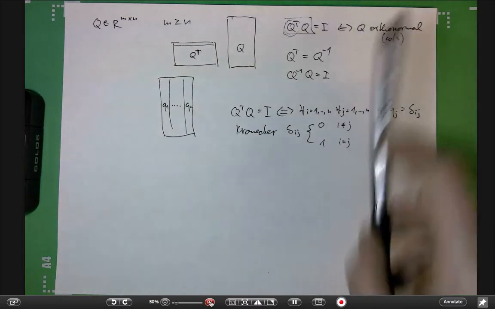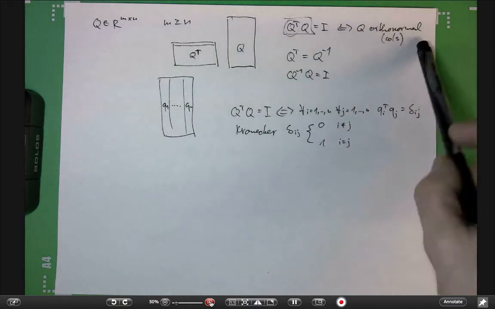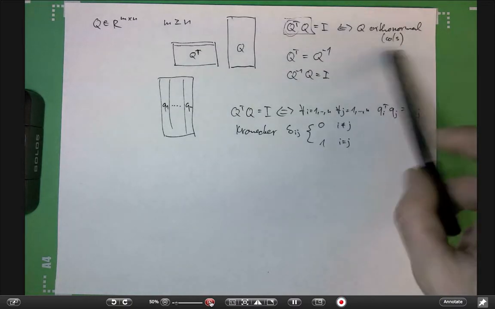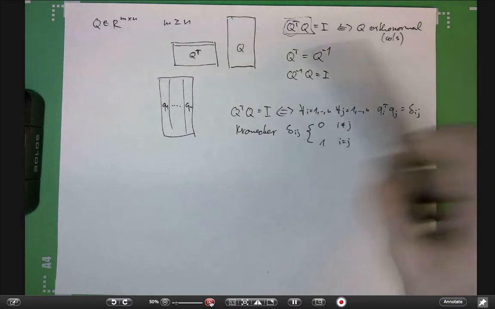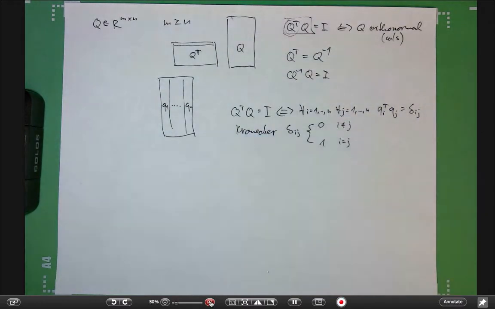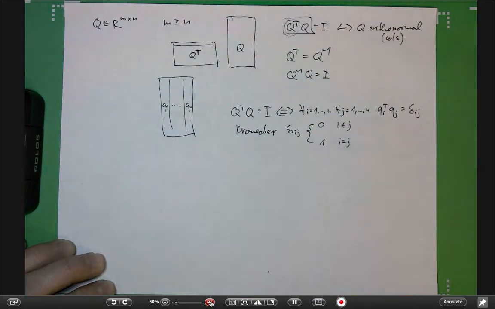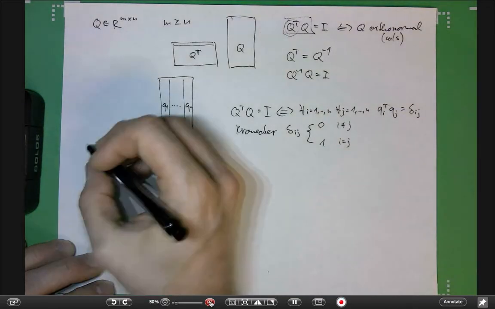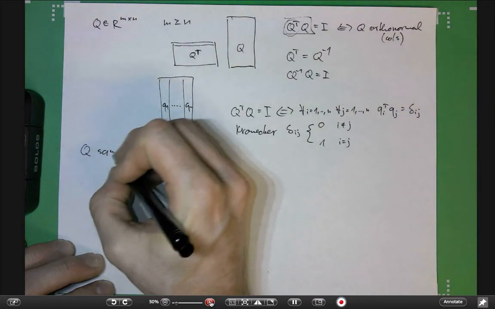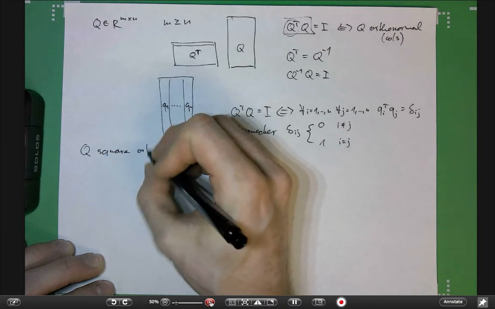Oh, and what I wanted to tell you about square orthonormal matrices. So some people, when they mean orthonormal, they mean just square, but we can just talk about orthonormal matrix, which is rectangular. But if you have a square orthonormal matrix, there is one cool thing. Because, so let's assume that Q is square orthonormal.